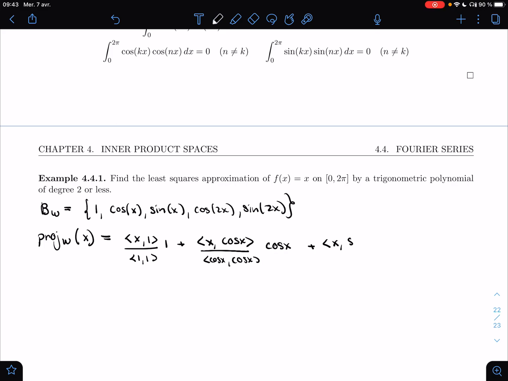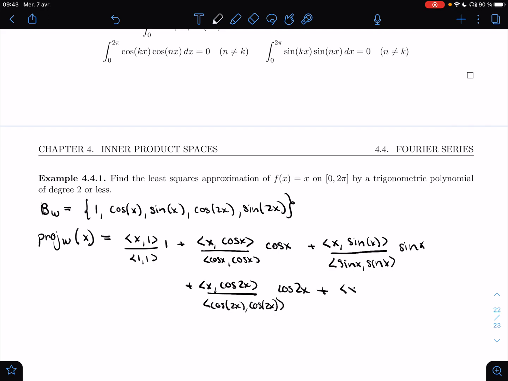Same thing with sine of x, and then same thing with cos 2x, and with sine 2x.